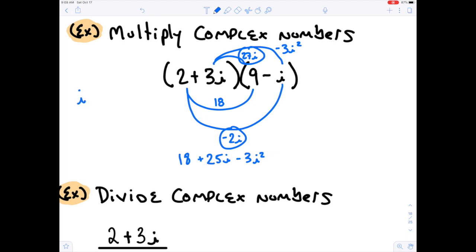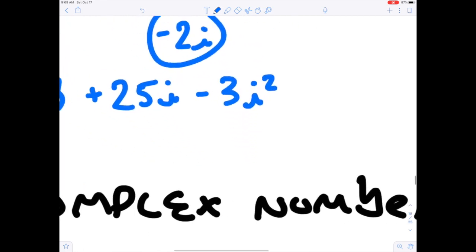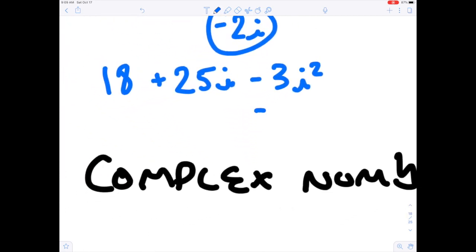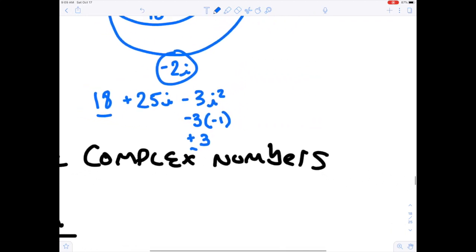So if i is the square root of negative 1, and I square both sides, then i squared equals negative 1. So this part is really minus 3 times negative 1, which is going to ultimately be plus 3. And you can see that plus 3 and 18 are going to combine together into 21. So the actual answer here is 21 plus 25i.